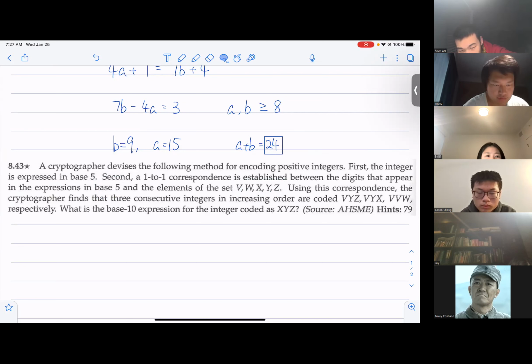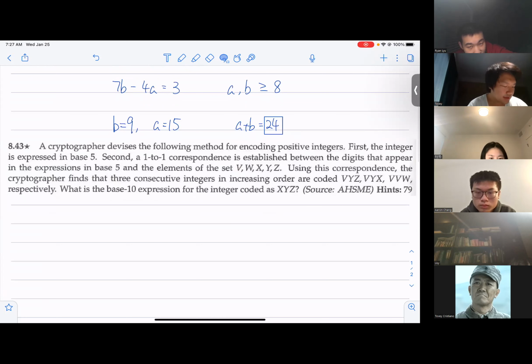Yeah, Rika, very nice. Yes, got it. That's the correct answer. Rika already sent me the correct answer. Very good. So VWXYZ are the 5 digits in base 5, right? Which are 0, 1, 2, 3, 4.